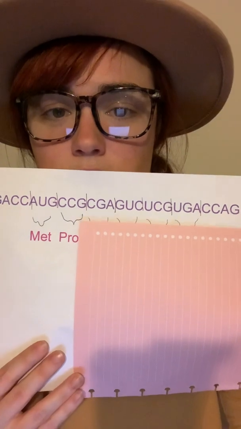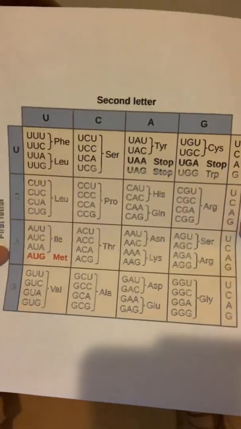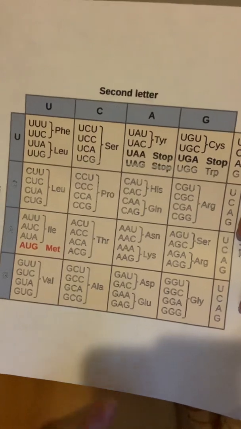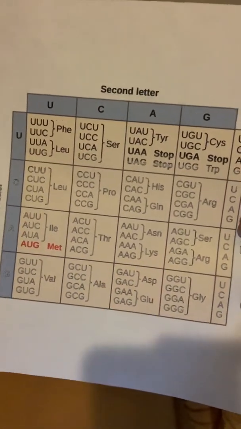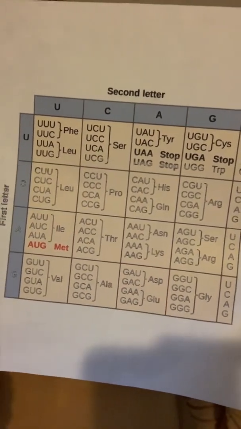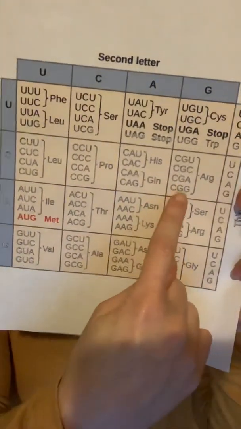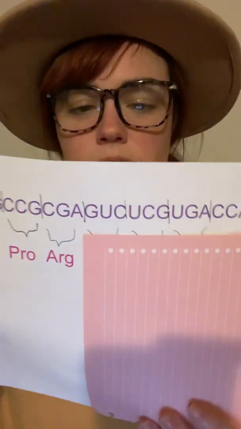Then we have CGA. CGA translates into arginine. Arginine, right here. Sorry, I'm reading this backwards. Arginine, right here. And so we have that, and then we're going to go to GUC, which translates into valine.